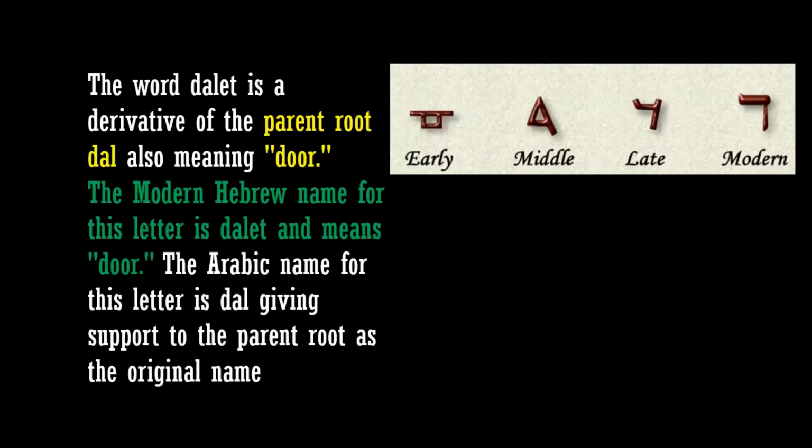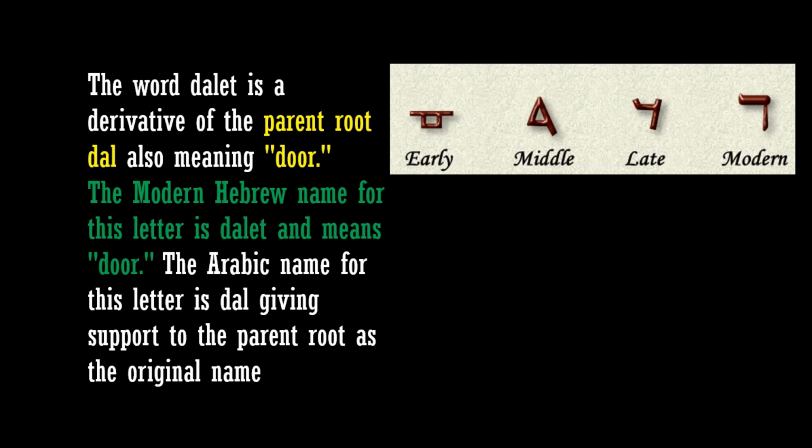Now, the word Dalet is a derivative of the parent root Dal, which means door. The word Dal or Dalet means door. Of course, there are other meanings which we will explore.